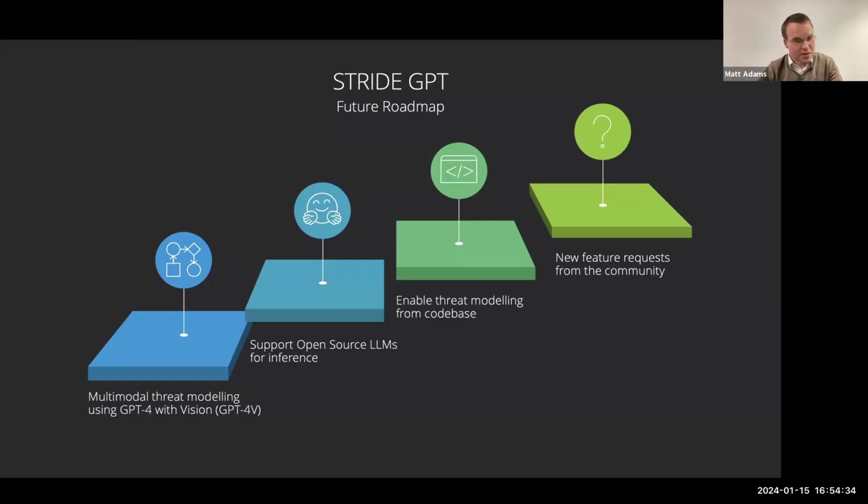But as soon as I've got something I think will work and will work consistently to at least the same quality as GPT 3.5, then that's something that I'm looking to incorporate into the tool.